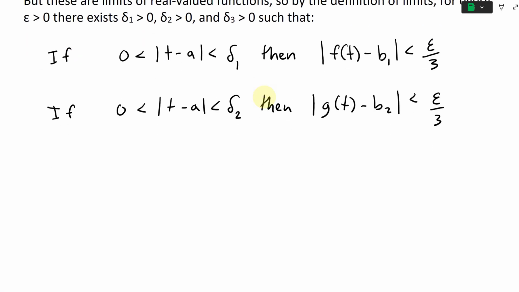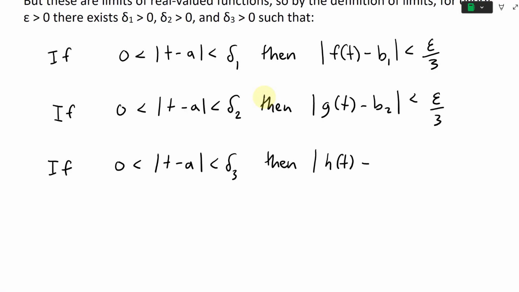Now the next one: if 0 is less than t minus a, and then less than delta 3, then h of t minus b3 is less than epsilon divided by 3. So just divide that out. We could have done epsilon 1, 2, 3, but we'll just divide it by 3 in this case. It's the same thing; these are still epsilon 1, epsilon 2, epsilon 3, but they're all just equal to each other.